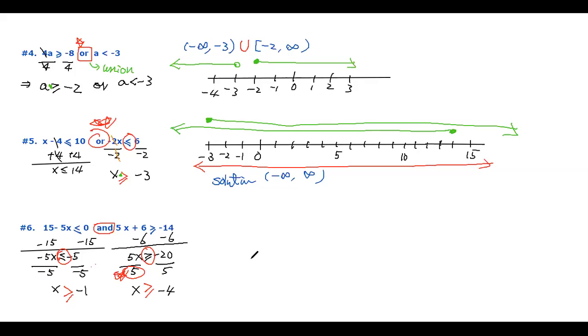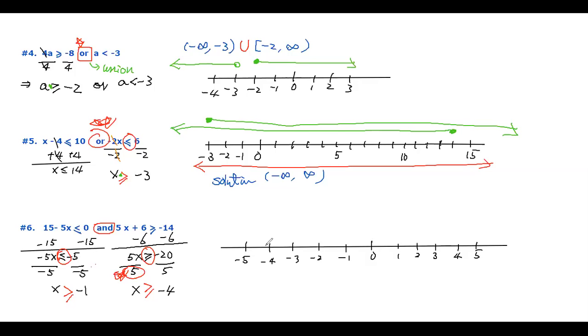Okay, so let's take a look. How do we graph it, right? Be careful, it's or. So here, this is 0, this is 1, 2, 3, 4, 5. This is -1, -2, -3, -4, -5.